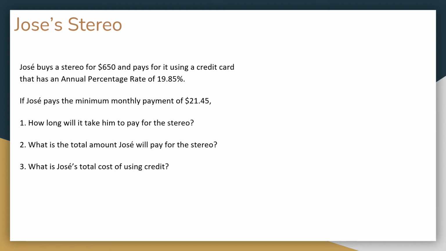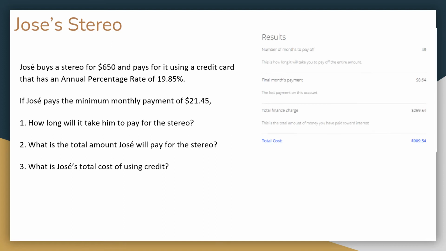Now let's go over the math together. Again, Jose buys a stereo for $650 and pays for it using a credit card that has an annual percentage rate of 19.85%. Now we want to find out how long it will take him to pay off the stereo, making monthly payments of $21.45.